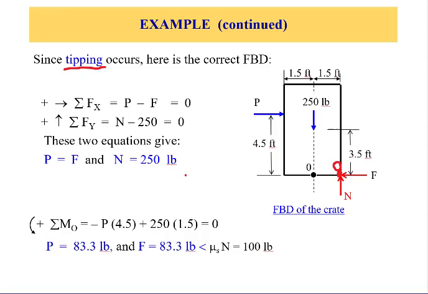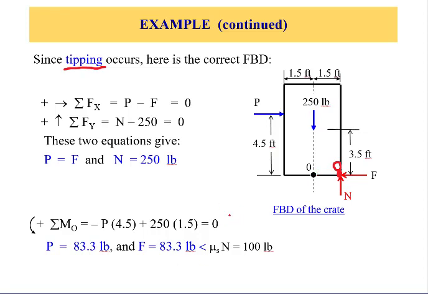Now, to calculate the amount of P or F, we can use the moment about point O. Moment about point O is equal to the moment of the 250 and the moment of the P. The moment of the P is negative 4.5 multiplied by P plus the moment of the weight, which is 250 multiplied by the distance 1.5.